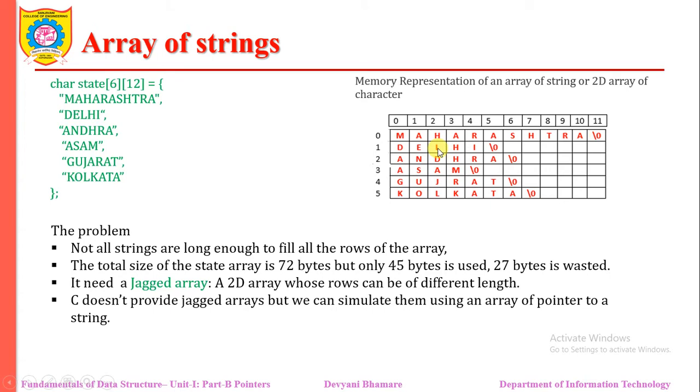But if you go for Delhi, Andhra, Assam, then what happens? The remaining spaces are completely wasted. Why? Because not all strings are long enough to fill the entire row of that array. The total size of this state array is 72 bytes, but among that we are using only 45 bytes, so the remaining 27 bytes are wasted.